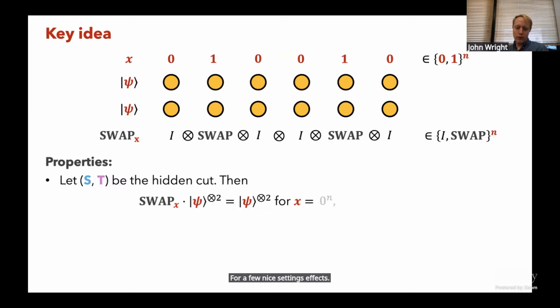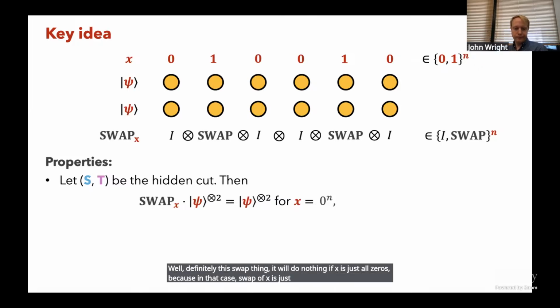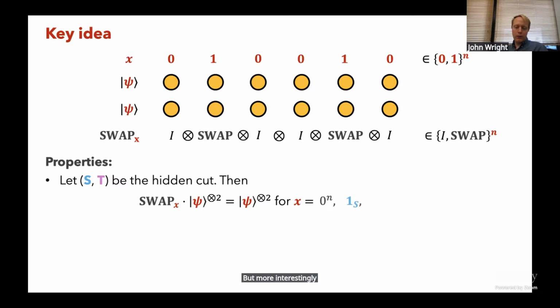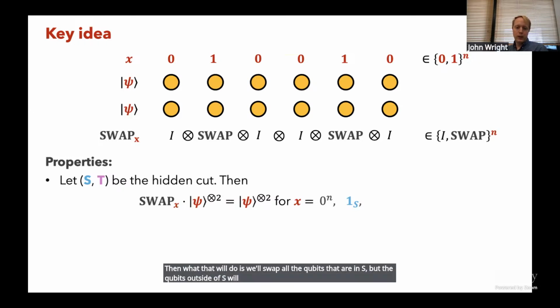What are those? Well, swap will do nothing if x is all zeros, because in that case swap of x is just the identity matrix. More interestingly, if x is the indicator vector for the subset S, then it will swap all the qubits that are in S, but the qubits outside of S will remain unswapped.